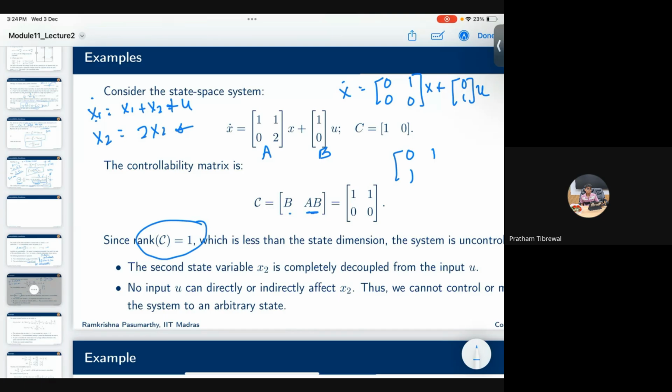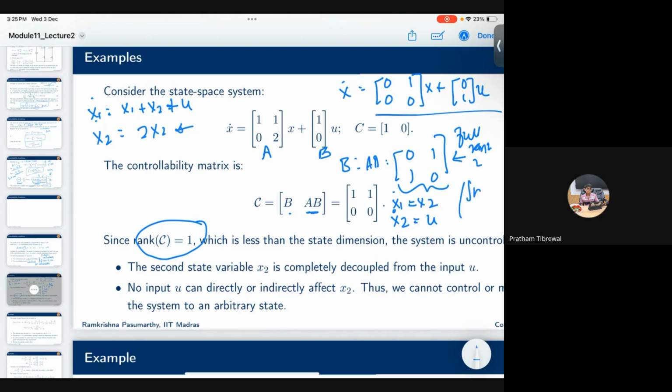It is 1, 0. So the B, AB matrix is 0 1, 1 0. What is the rank of this matrix? This is a full rank matrix. Rank 2. Therefore, this system is controllable. So if I just write down the equations by themselves, I have x1 dot is x2, x2 dot is u. This is also called an integrator system.